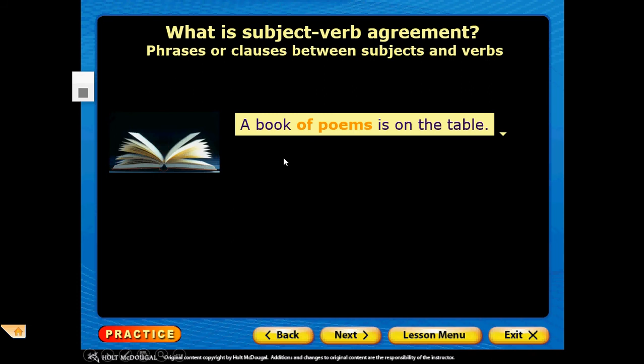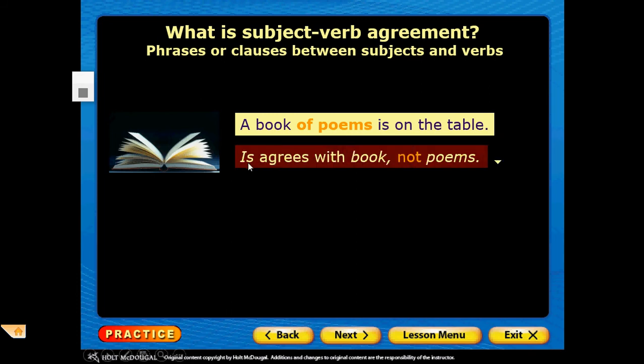A book of poems is on the table. Is agrees with book, not poems. Sorry, I had that incorrect.